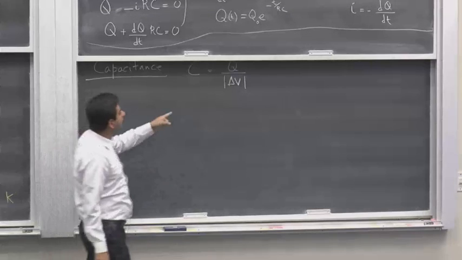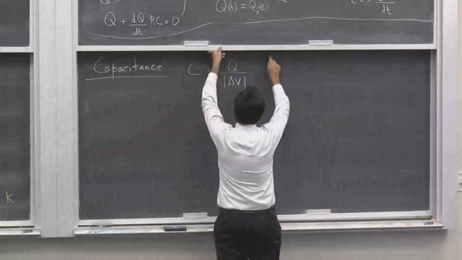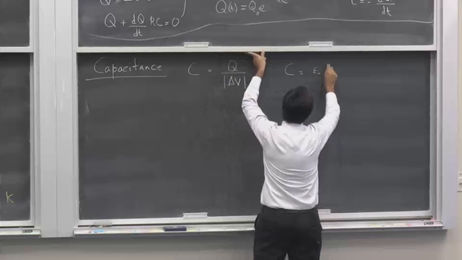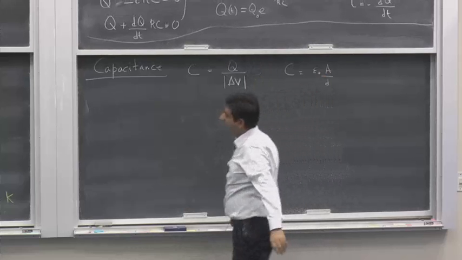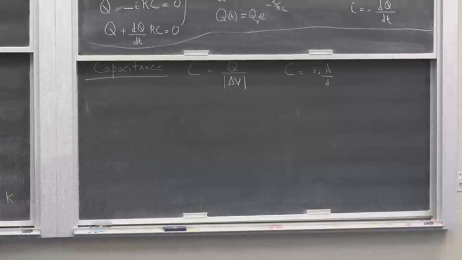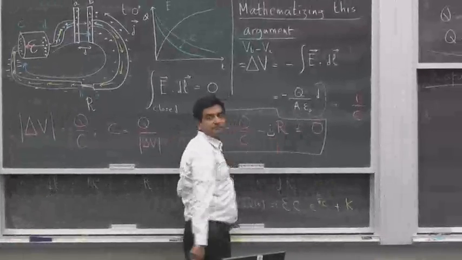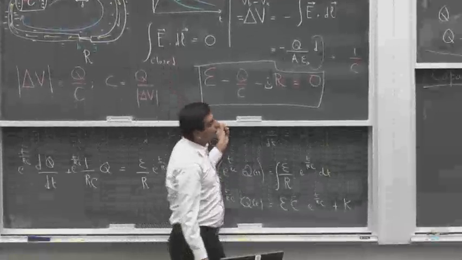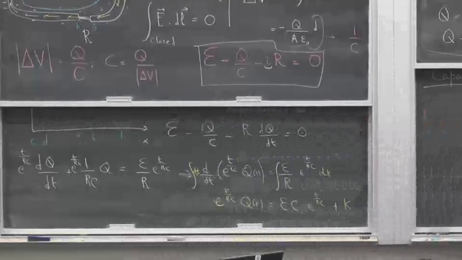And we've also learned that for a parallel plate capacitor, C has been defined as epsilon naught A over d. So this is for a parallel plate capacitor.